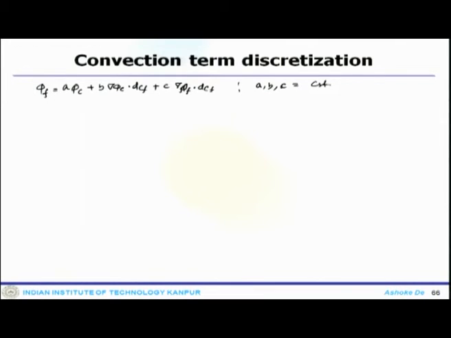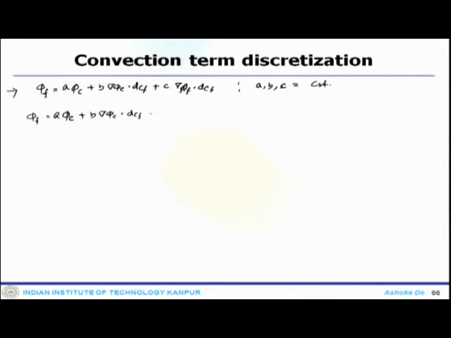So, now the general discretized equation of this can be found once and then used in all subsequent derivations.